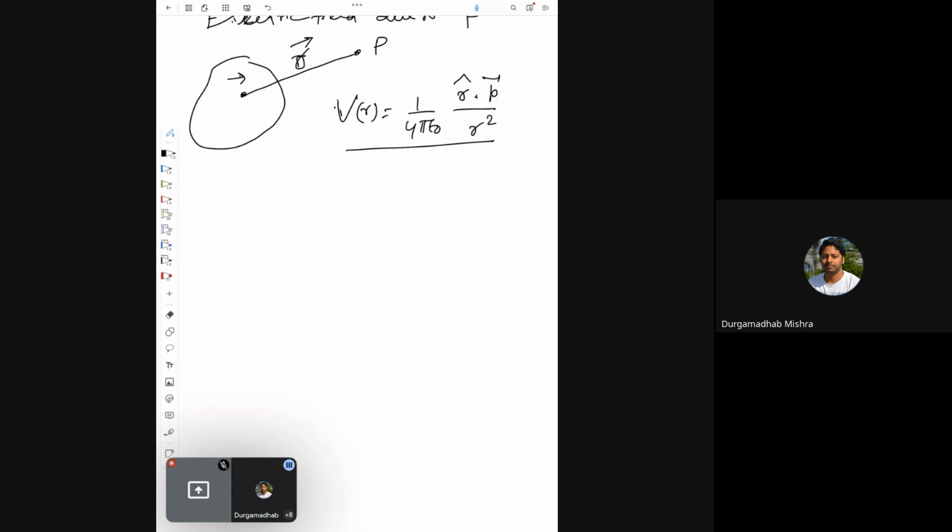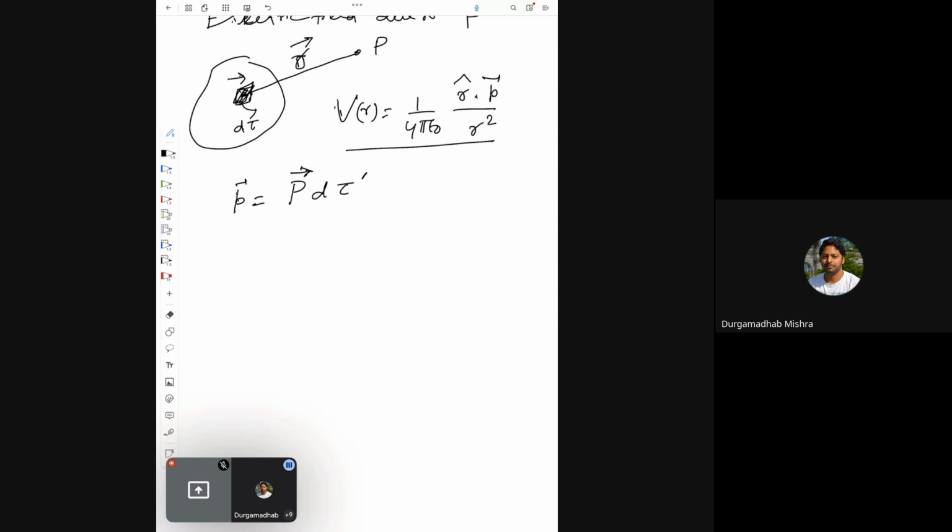And what is this p? If I take the relation between the small p dipole moment and polarization, it is small p into d tau. This d tau is the volume where the dipole is situated, because polarization is dipole moment per unit volume.